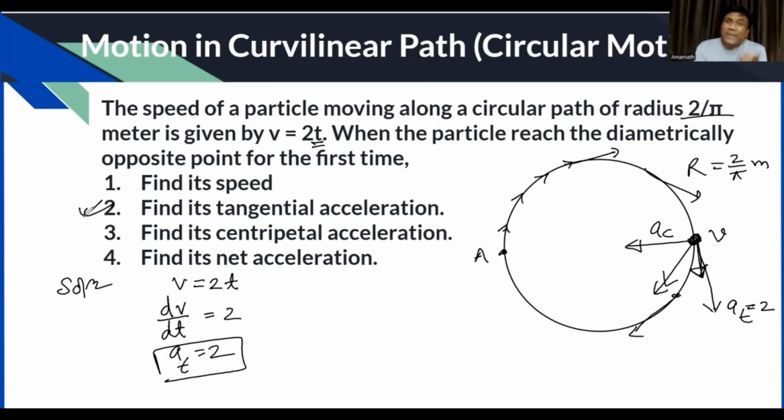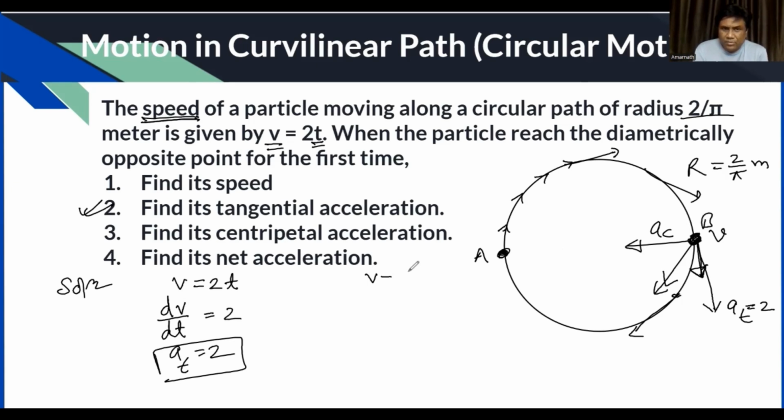And remember why it is only tangential acceleration and not net acceleration? Because they are giving the speed. This is speed, not velocity. Now you see, with this speed, how much time will they take from here to here, A to B? Let us check it.